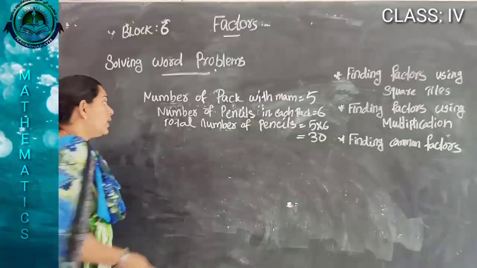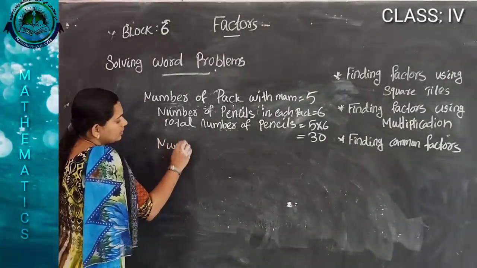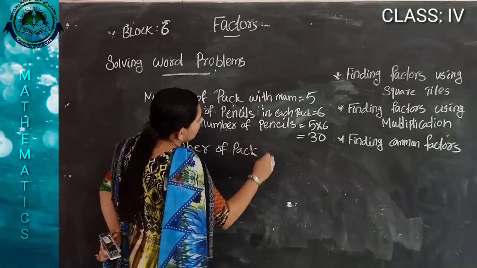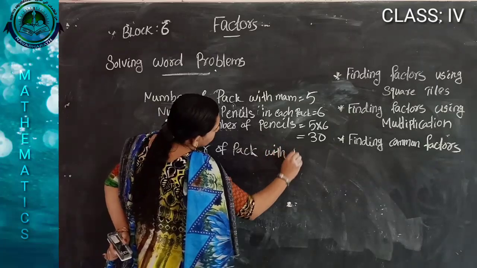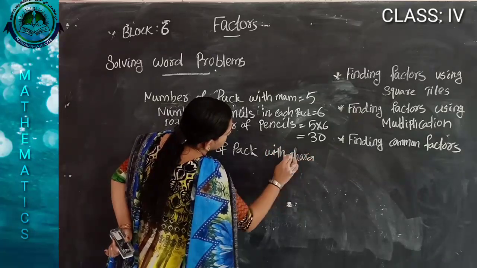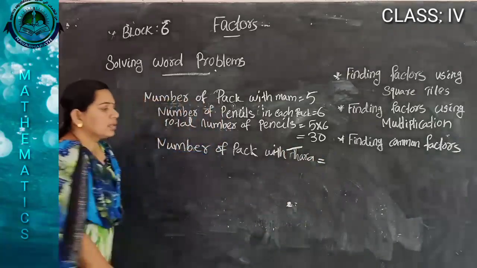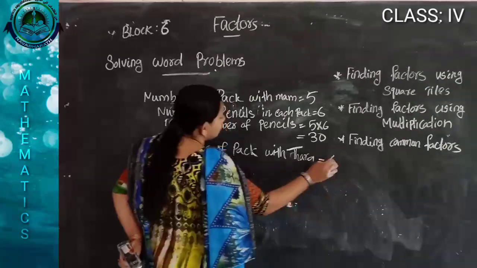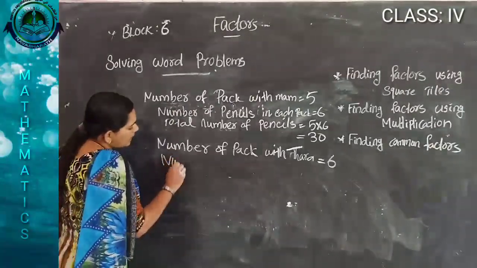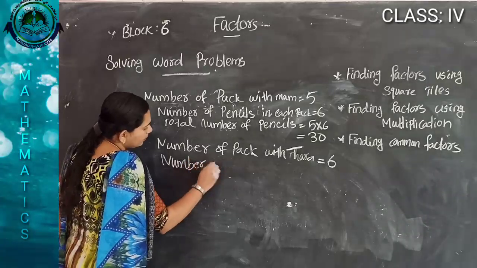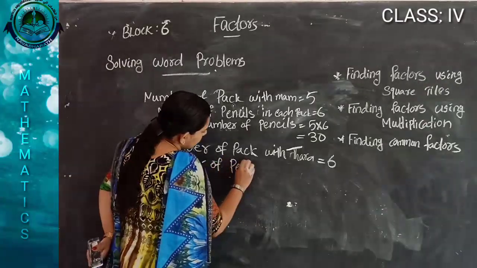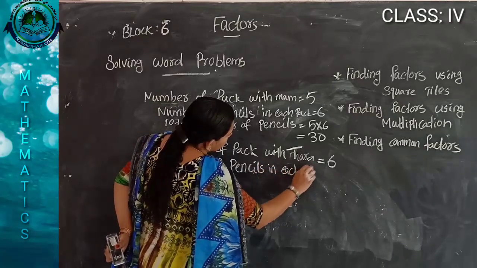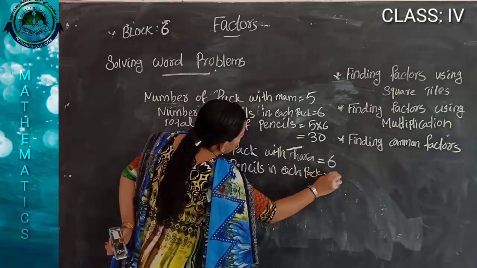Then what is the second step? Yes, number of packs with Tara. Tara has how many packs? 6 packs are there. Then number of pencils in each pack, 5.